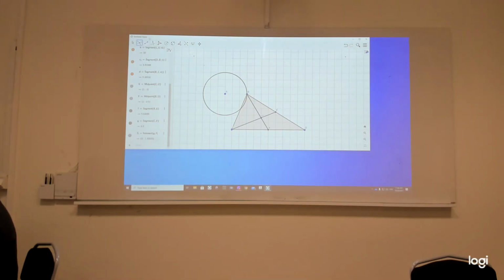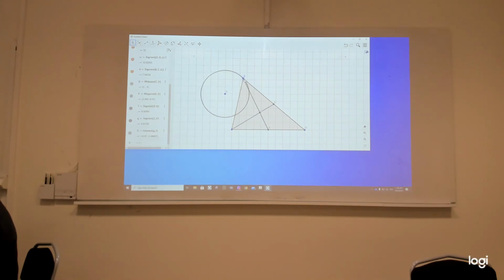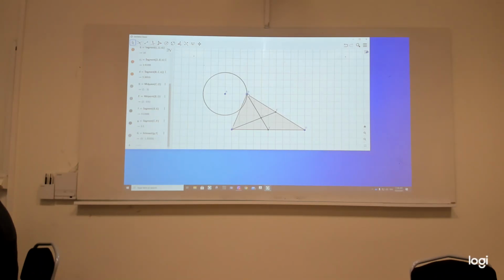So my point is what happens if I start moving this on the circle. Oops, I don't know why the circle is changing. The circle shouldn't change. Maybe that's not a good idea to start working with that, because it will affect this side. Let me do it once more. Do you have any idea how I can clean everything?